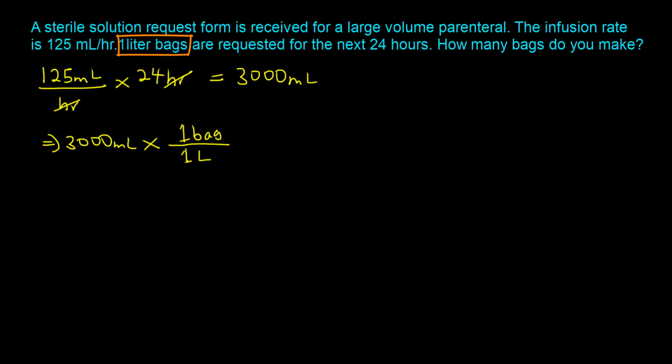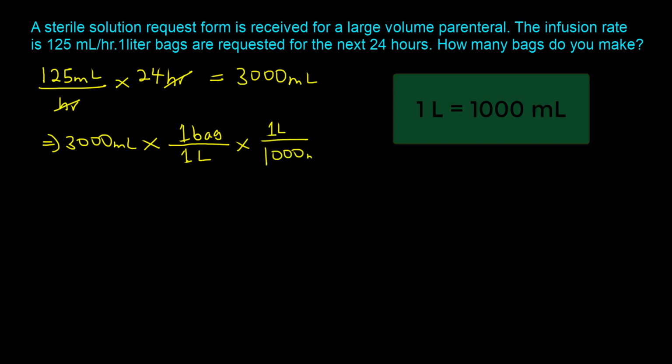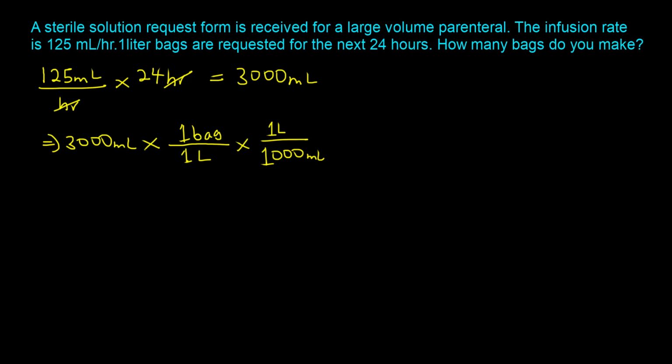Now, the units need to be consistent, so we need to convert the liters to milliliters, and the conversion factor is such that 1 liter contains 1,000 milliliters, and so the milliliters cancel out, the liters cancel out, and you end up with 3,000 times 1 bag times 1 divided by 1 times 1,000.